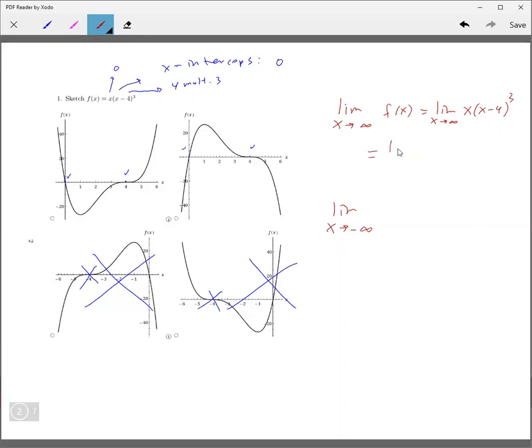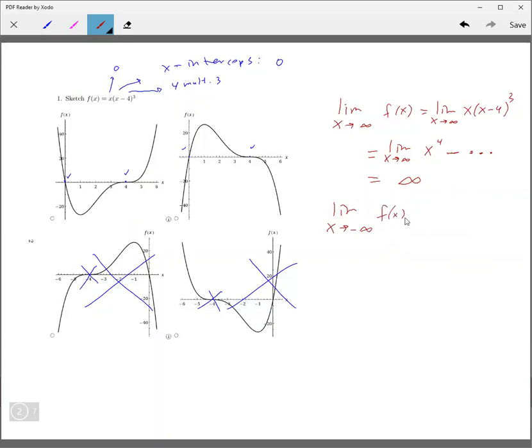Now, if you were to expand this all the way out, your leading term would be x to the 4th, because there's 1 here and then 3 from here, so x to the 4th. And then you'd have a bunch of other stuff. Maybe the next term would be a minus something, x cubed. But what's going to happen is this term's going to dominate the other terms that are lower powers of x. So that limit's going to be infinity.